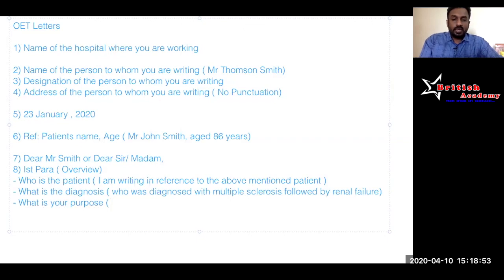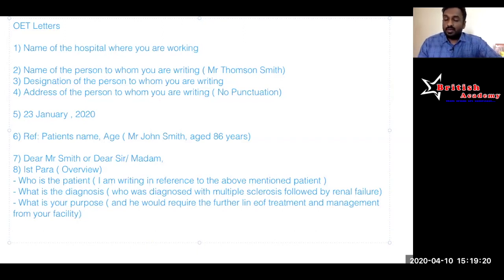Now, the purpose, you can write it this way. I can take the patient's name over here if you want. Otherwise, you can just join it together and write, and you would require further line of treatment and management from your facility.